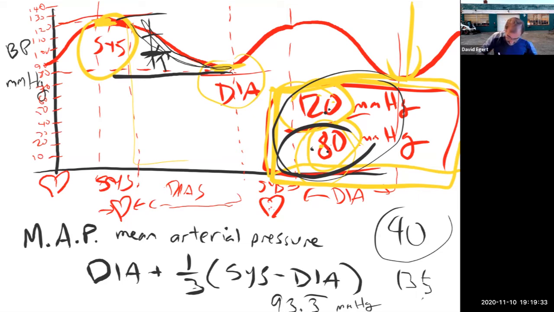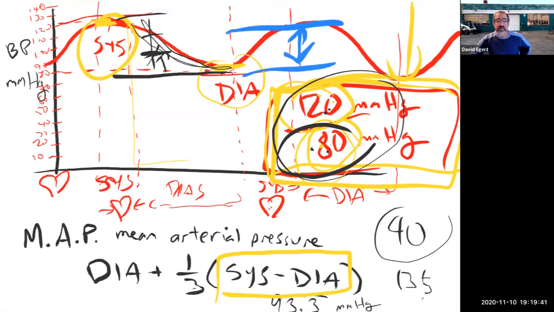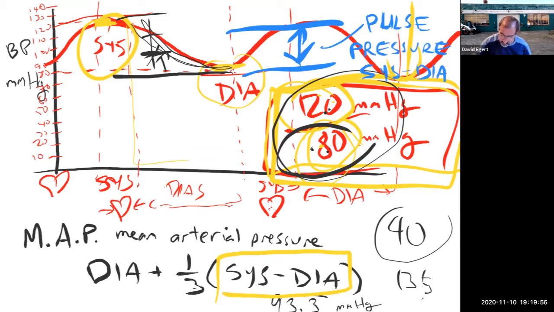This number here, systolic minus diastolic, which is again this distance between the low and the high, we call the pulse pressure. This is just systolic minus diastolic. And that's what you were feeling when you were feeling your pulse.